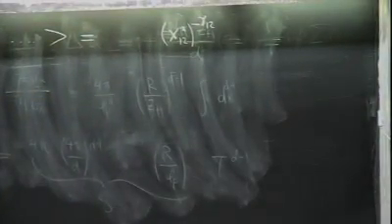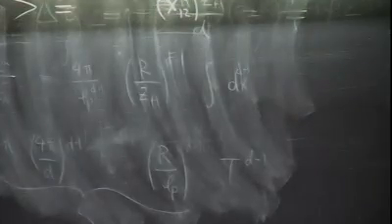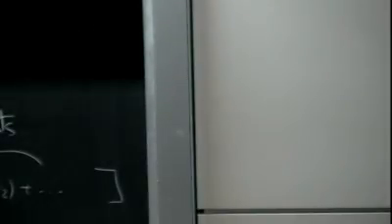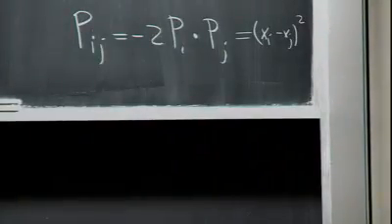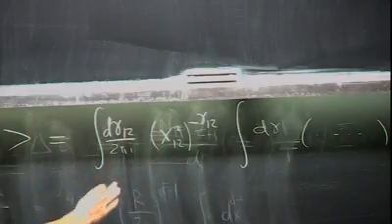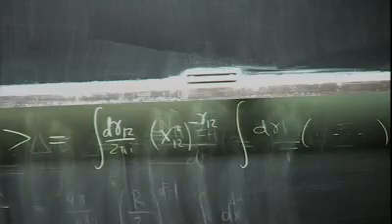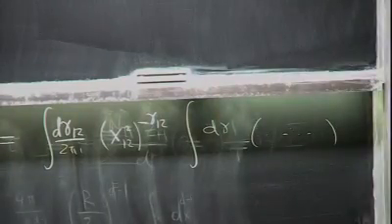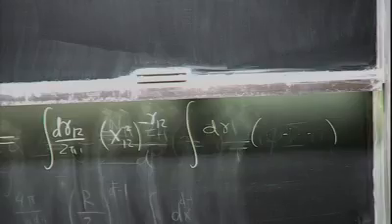Remember, sorry, maybe I should remind you, this is x_i minus x_j squared when you go to the Poincaré patch. And you have this integral d gamma 12 over 2 pi i times all the other d gammas and lots of stuff in the Mellin representation. But basically the dependence on x12 is just that, nothing else. So what is the only way you can get a pure power behavior as predicted from the OPE?